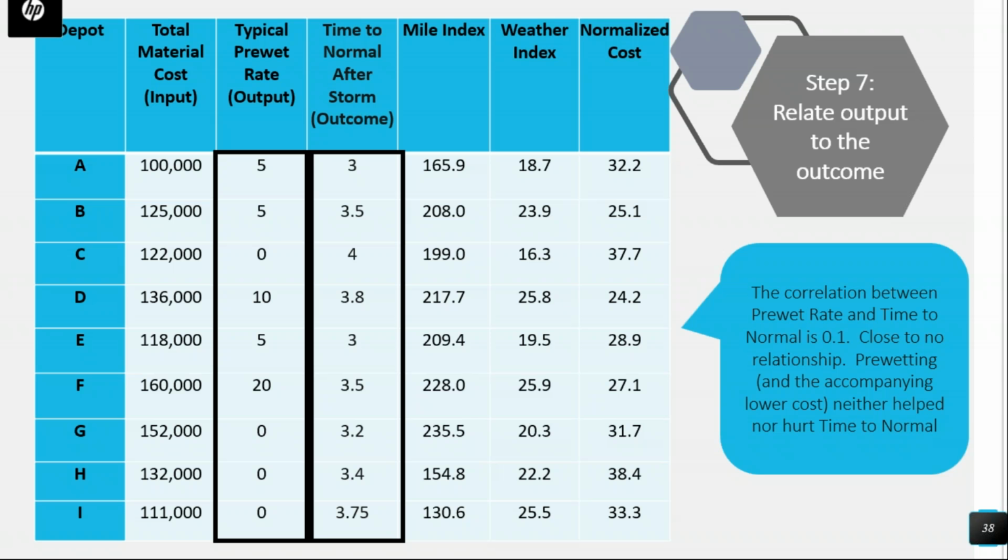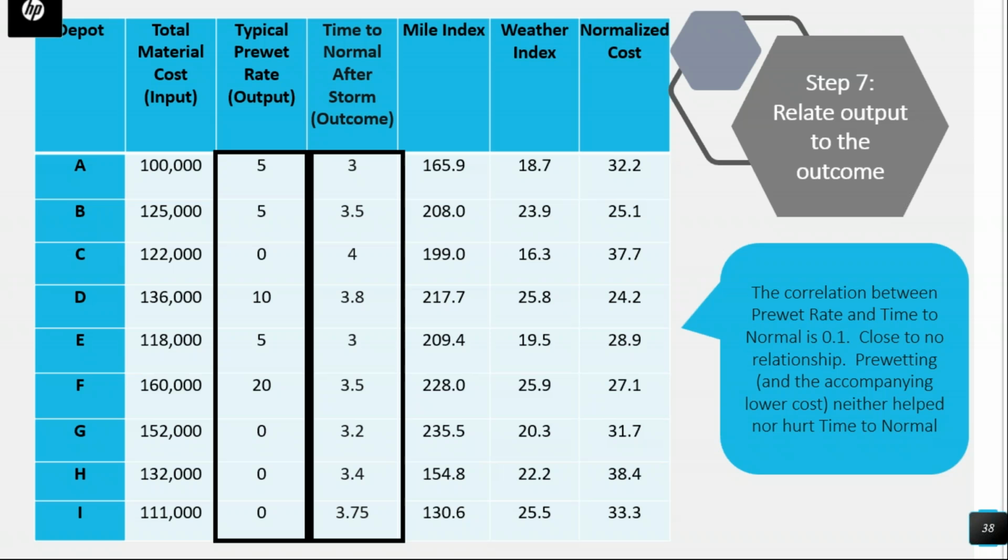So now comes in the question, was there any side effect? Their costs may have been lower, but did it come at the expense of a worse outcome? How you answer that question is you can compare the typical pre-wet rate to the outcome. And in this example, the correlation is weak positive.